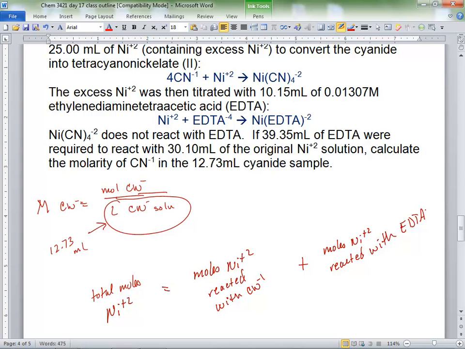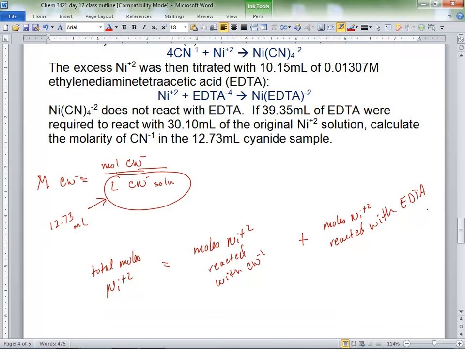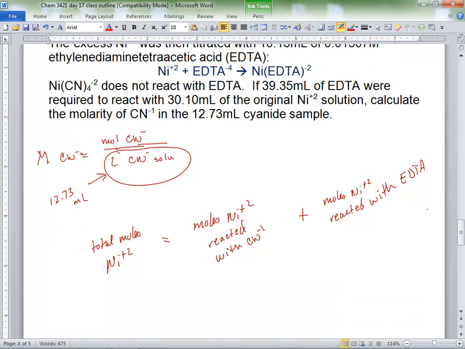Okay? Does that make sense? So we're after the moles of nickel that reacted with the cyanide, because then we can figure out the moles of cyanide, and then we can put it up into our answer. We just need to get both of these.